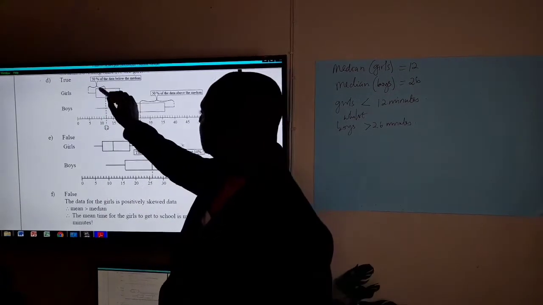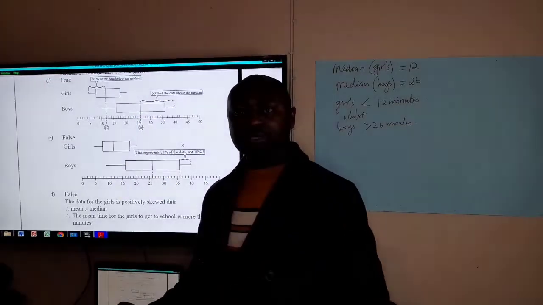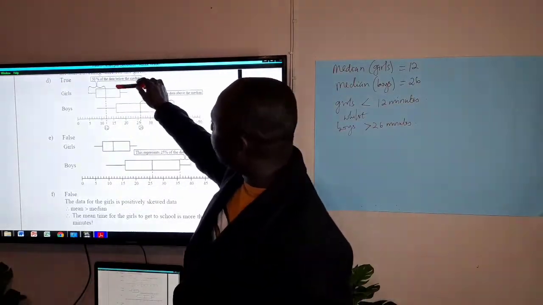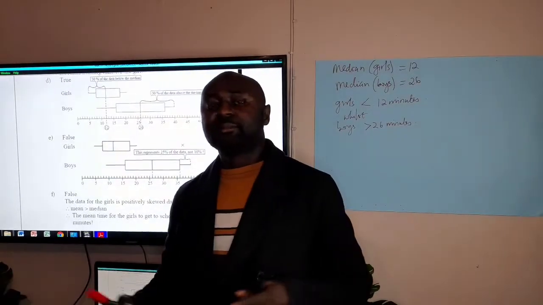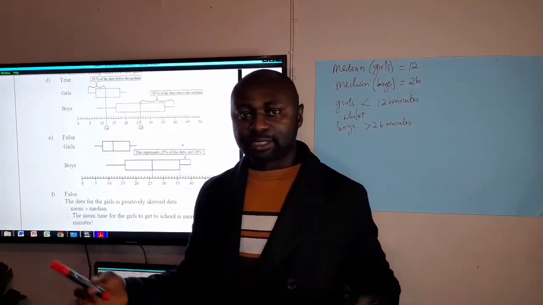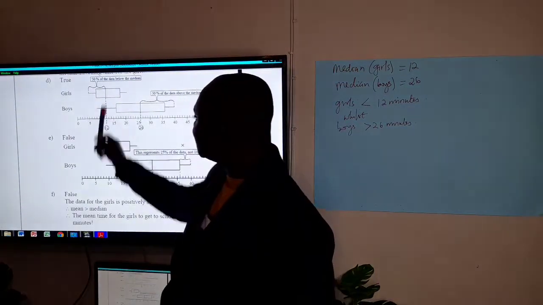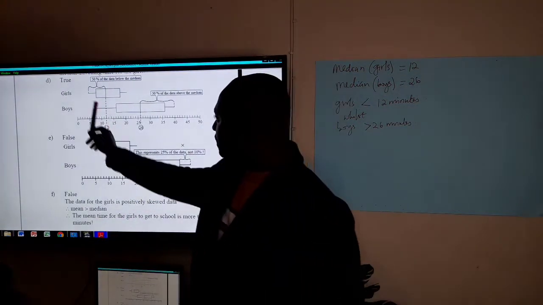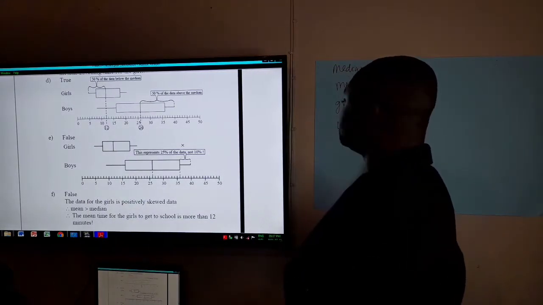From the median to the upper quartile is another 25% of the spread of the data. And from the upper quartile to the maximum value is another 25%, giving you 100% in the analysis. So it tells you that the girls take less than 12 minutes to get to school, so it's true. And the boys also take more than 26 minutes.